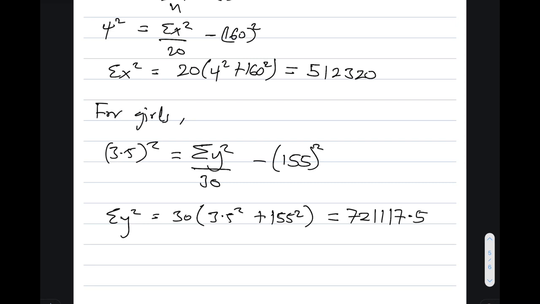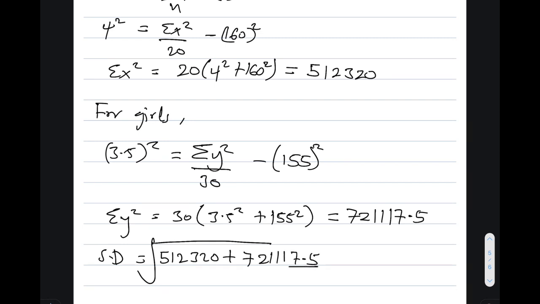And ladies and gentlemen, this will give you 72117.5. Now we know that the standard deviation formula says that the sum of x squared, we will write that one first, 512320, plus the sum of y squared, which is 72117.5, all over nx, which was 20, plus ny, which is 30, minus the mean.